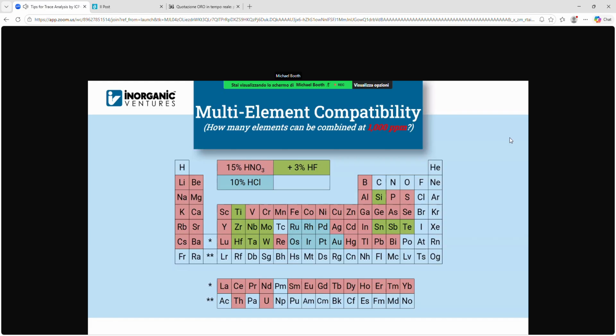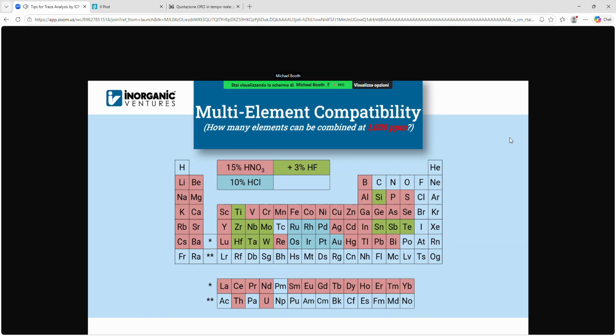But as a rough guide, at 1,000 ppm, let's take a look at the HCl ones first. All your precious metals are going to be fine at 1,000 ppm and 10% HCl. All of the other elements, the ones in the more reddish color, you can put all together at 1,000 ppm. You just really need to increase the nitric acid concentration up to 15% nitric.